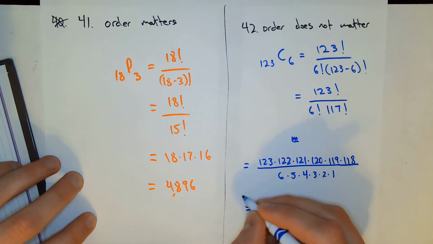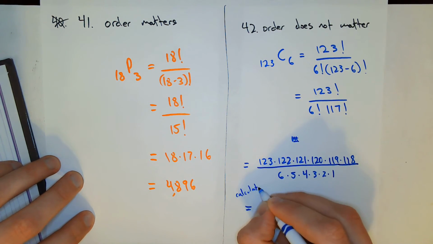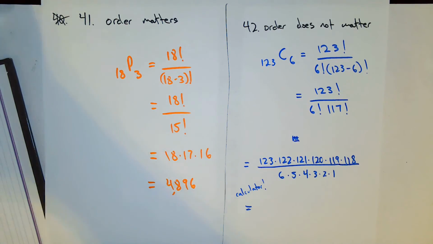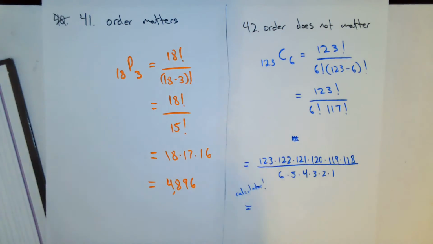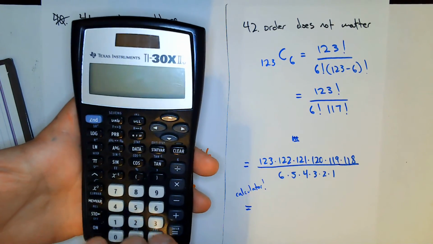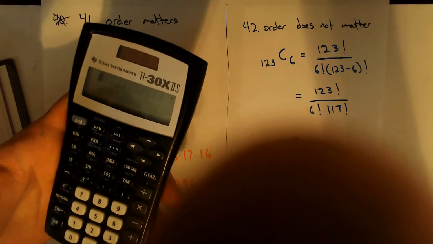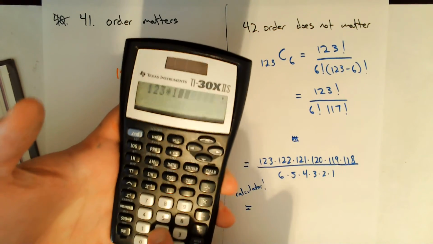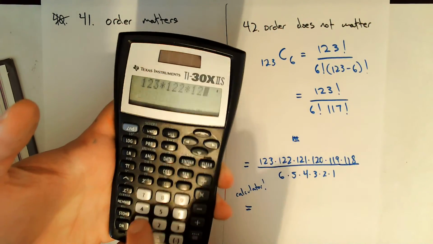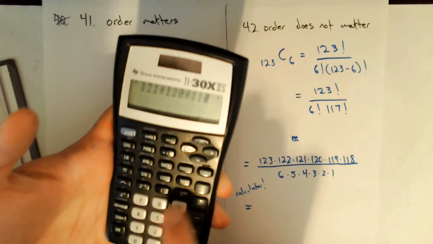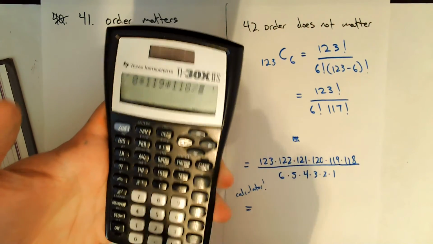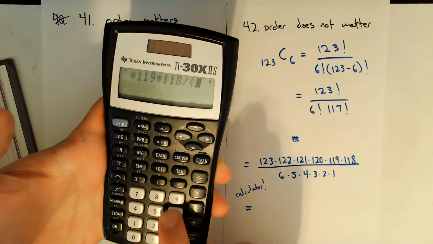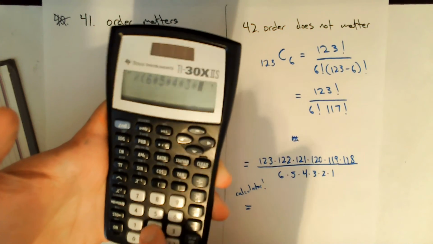And then I'm going to say calculator. How do you do this if you don't have that nCr button on your calculator? If you have parentheses, you can do it like this: 123 times 122 times 121 times 120 times 119 times 118 divided by, and then open your parentheses, and then say 6 times 5 times 4 times 3 times 2 times 1.